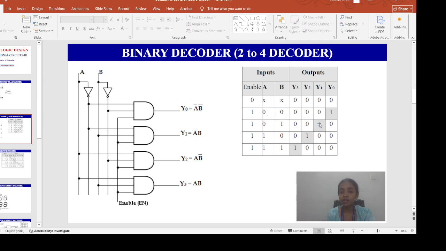Y1 is active when A0, B1, Y2 is active when A1, B0, and Y3 is active when both the inputs are 1. So this is the basic binary decoder, or 2 to 4 line decoder.